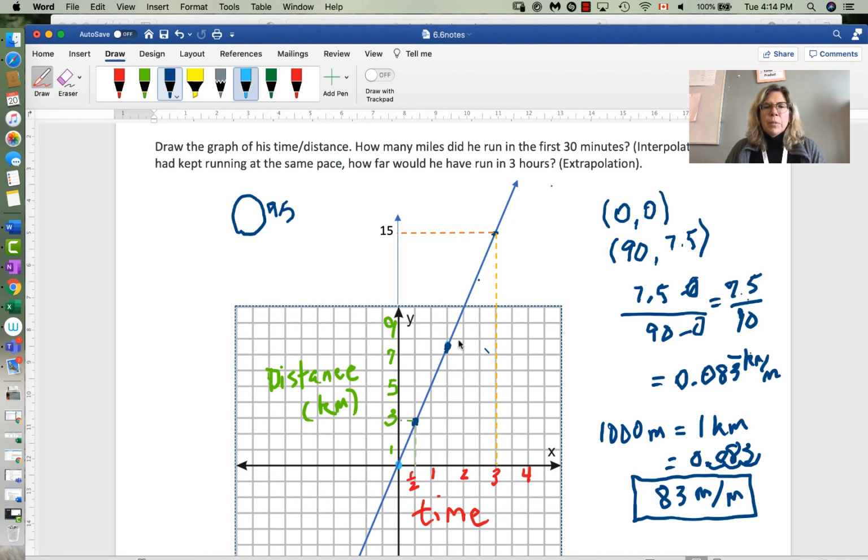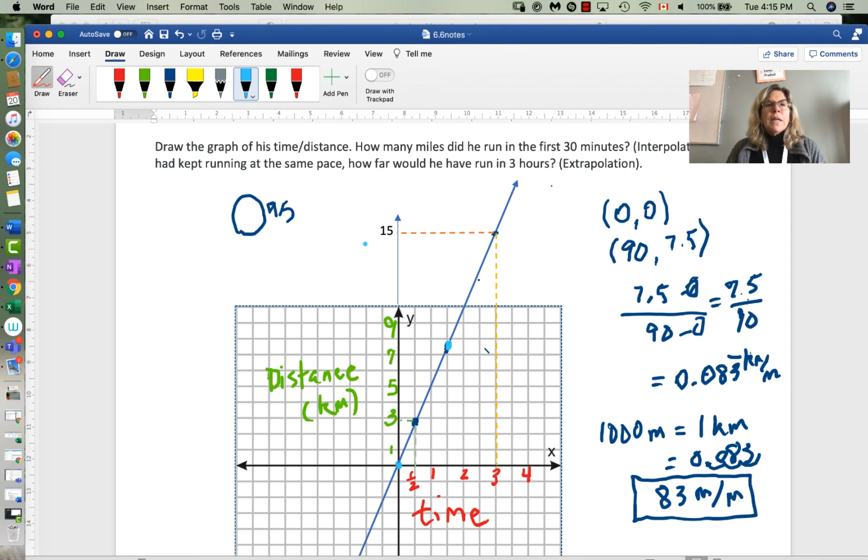Actually, I'm going to make it light blue. So that's the point we know. And this other light blue one is another point we know. If we draw a line through those two light blue dots, we're going to have a line that can represent the average pace of this marathon runner.